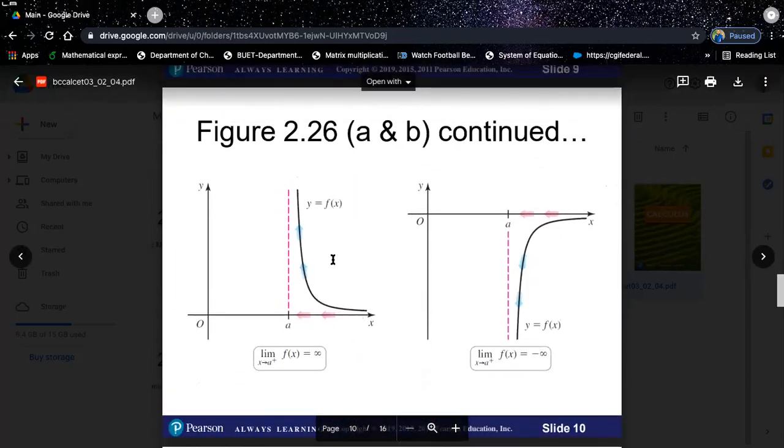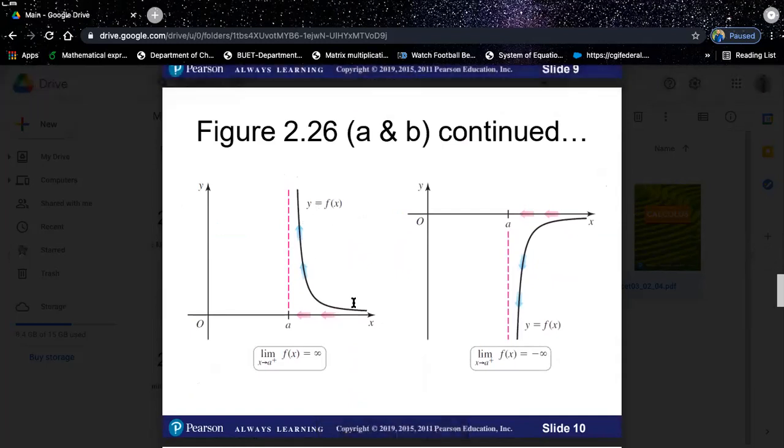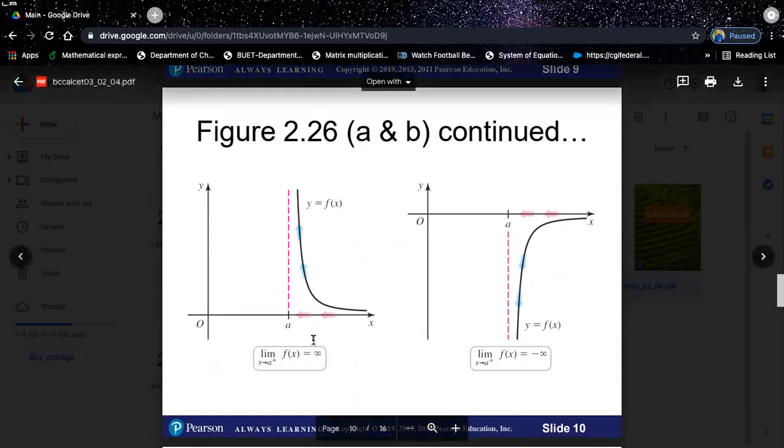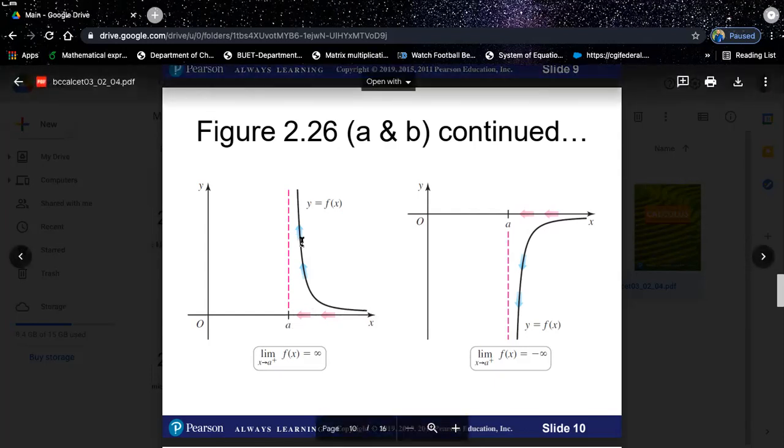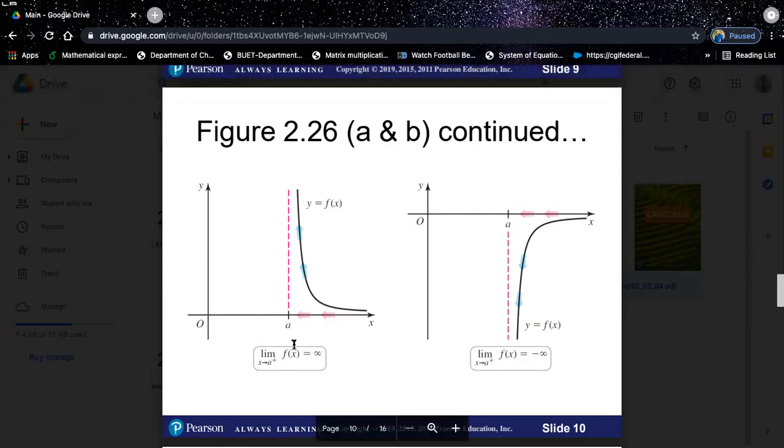You can see if you're calculating the right-sided limit, all you need to do is approach from the right and see where it takes us. Since we are approaching this a from the right, and the graph is going towards infinity, we can say that the right-sided limit is infinity.